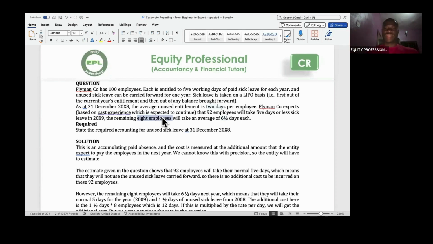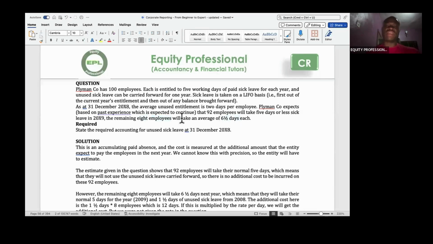That means the leave days that we need to book a liability for is 8 employees multiplied by 1.5 days.